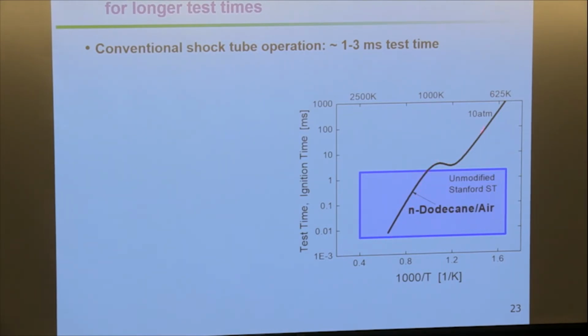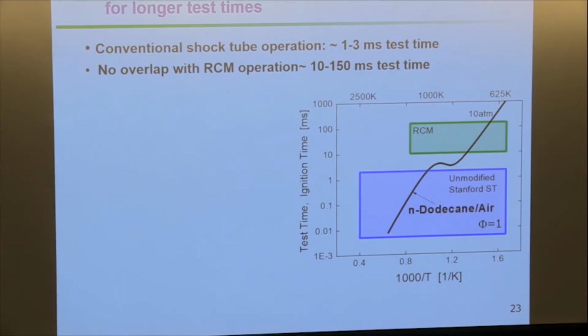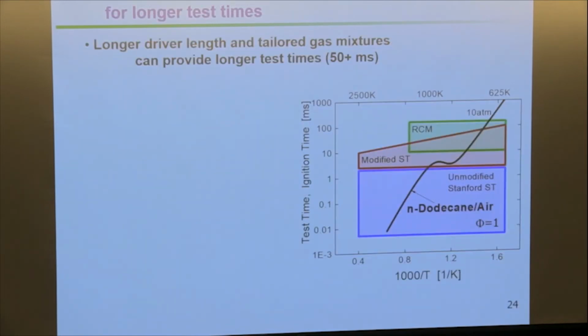Here's the NTC region. If you wanted to study at temperatures like this, we can't reach it. We don't have enough test time. That's the RCM, approximately. They can reach these lower temperatures than we can. So we've got to fix that problem.